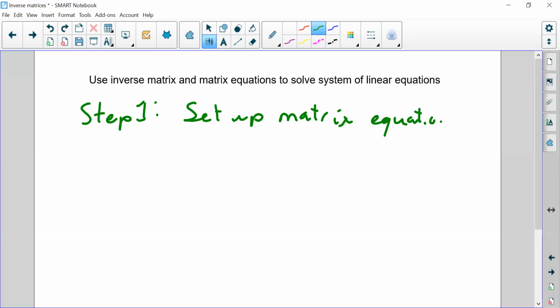Now, your matrix equation that you're going to set up, basically, you're going to make a matrix for all your coefficients. Just like we did before when we solved the system equations, we took the variables out and we just wrote the coefficients, the numbers in front of the variables. So we're going to make a matrix of all our coefficients. I call that the coefficient matrix. And then we're going to times that by our variable matrix.